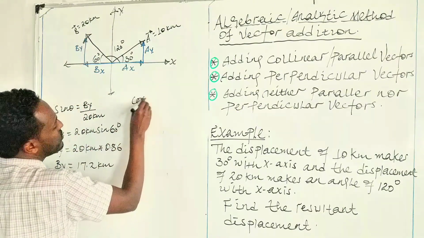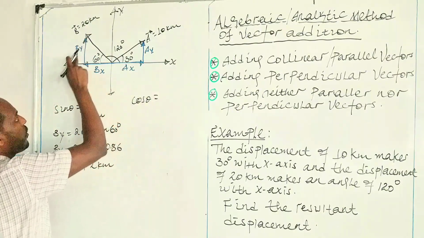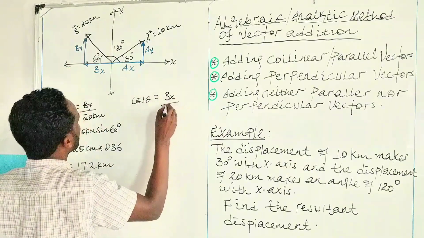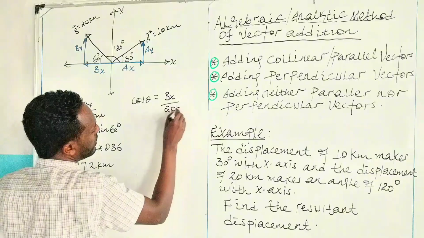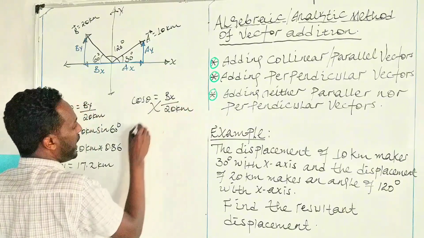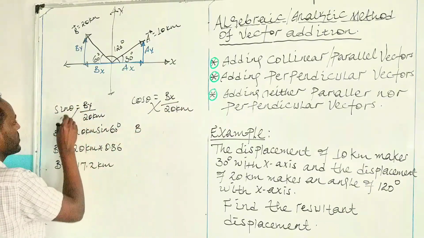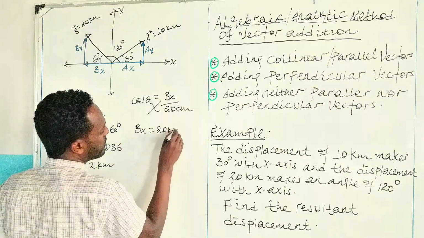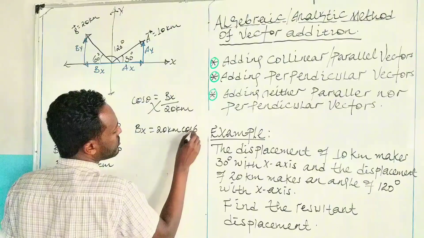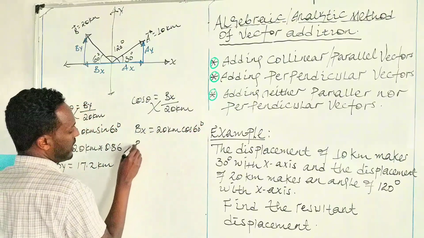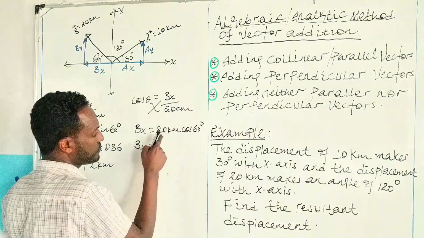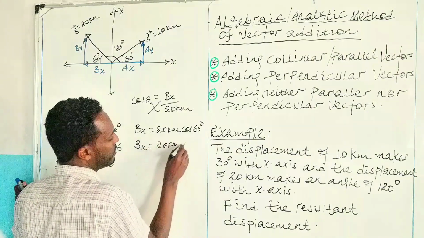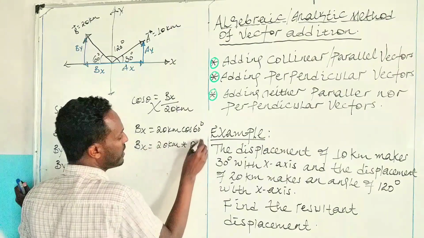And then cos theta is equal to adjacent over hypotenuse. The adjacent side is Bx over the hypotenuse, which is vector B, 20 kilometer. Then Bx is equal to 20 kilometer times cos 60 degree, which is 0.5.